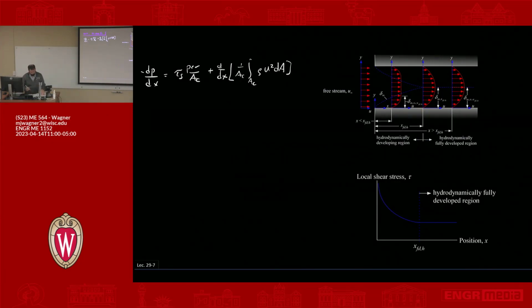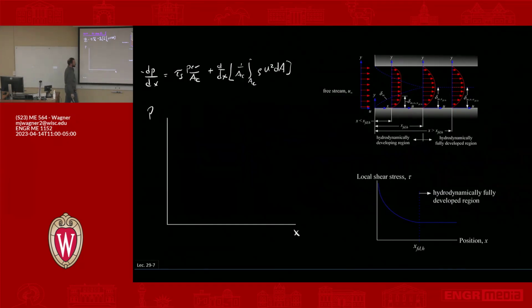Let's maybe conceptually use that equation to look at what we would expect from pressure drop as a function of position. So let's just sketch out a little plot here on this coordinate. Let's say this is our position x, and then we're plotting the absolute pressure, or I guess the relative pressure, as a function of position.